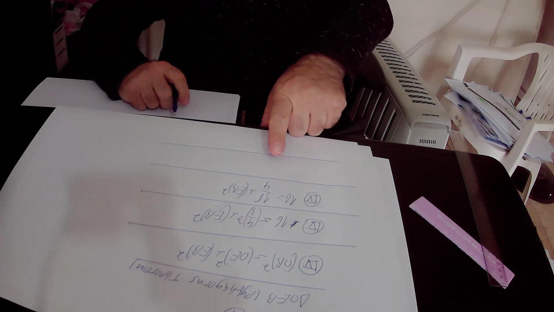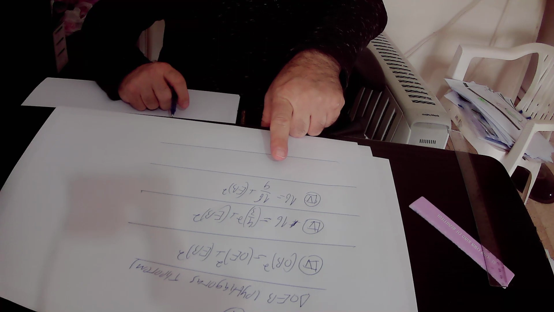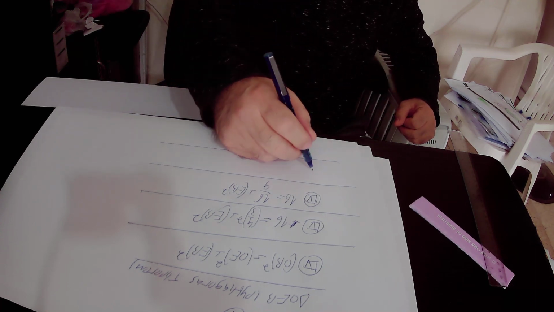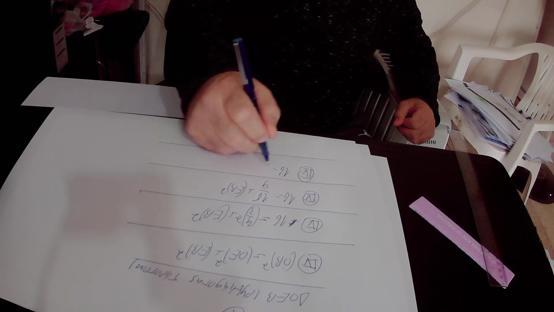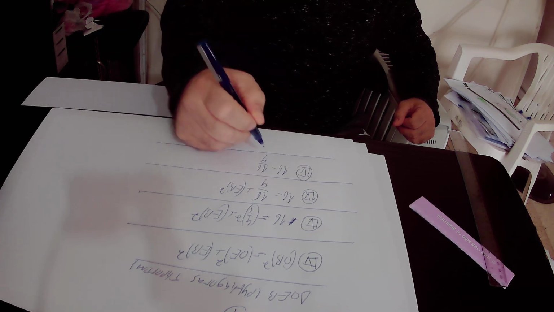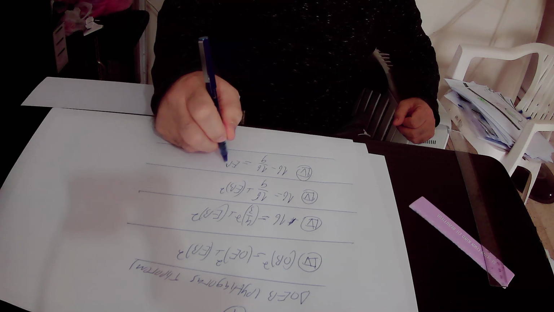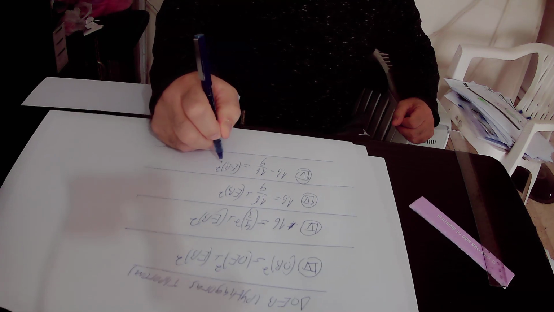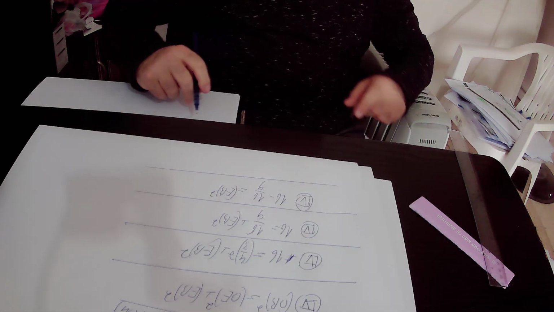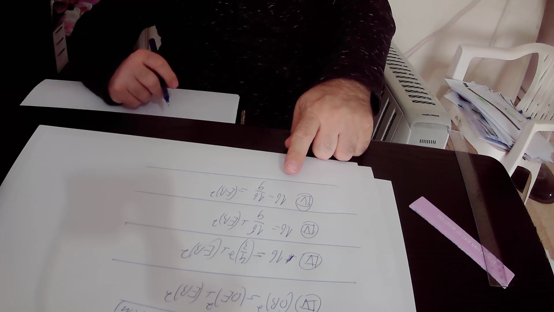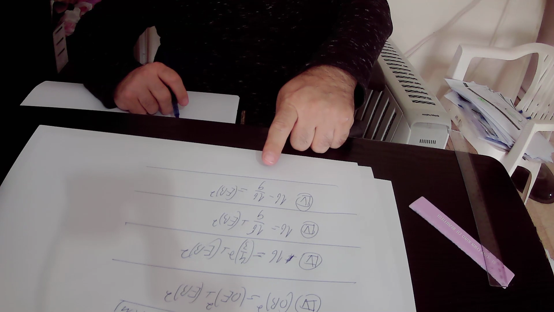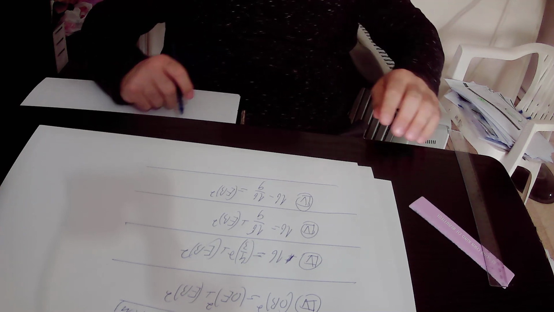Here we will subtract 16 over 9 from equation number 4, and we will get that 16 minus 16 over 9 equals EB squared. Here we will multiply 16 by 9 and then divide it by 9 in order to have a common factor with minus 16 over 9.